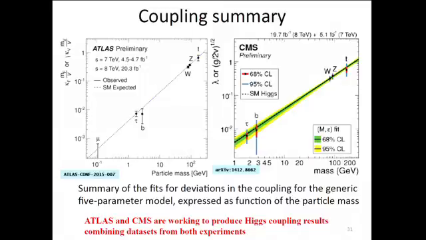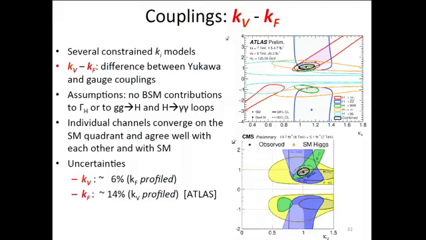Okay, and you can also take these results and put them in this nice, at least propagandistic, let's say, plot where you put the coupling strength as a function of the particle mass, and you see very well that the coupling strength is proportional to the particle mass as expected for the standard model Higgs. Okay. Another, of course, you can try to fix these groups of these K factors.